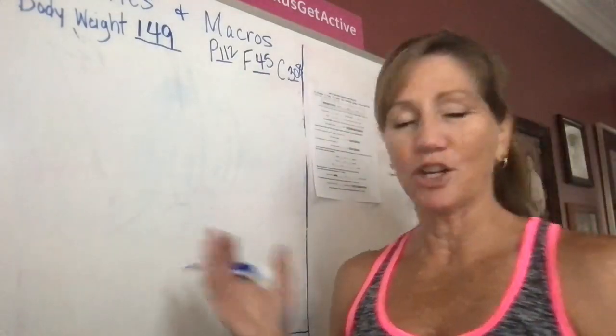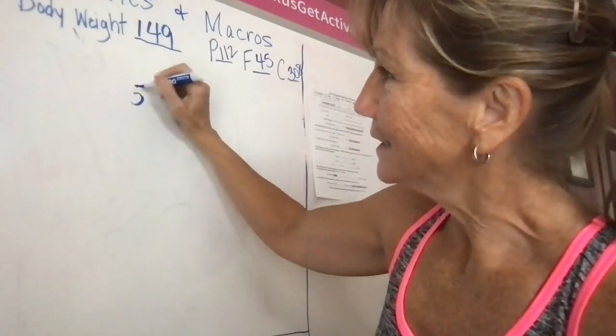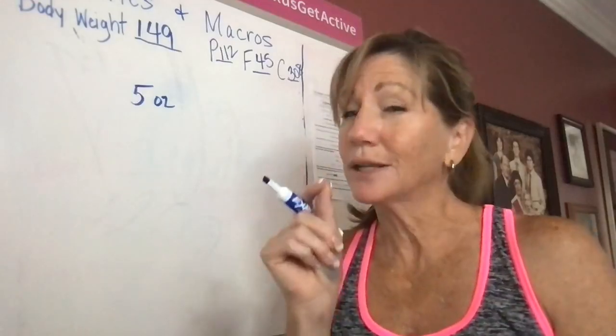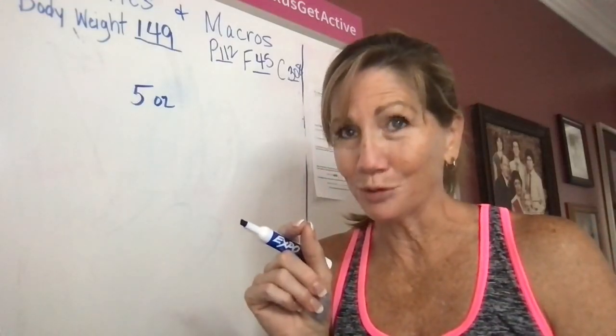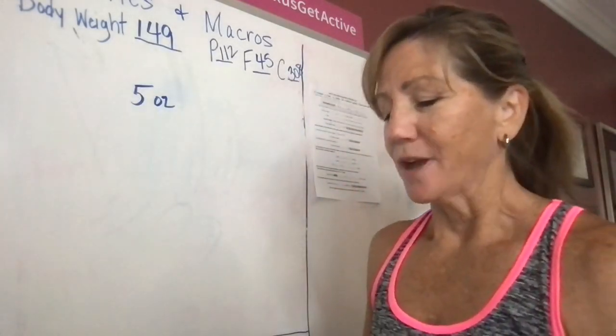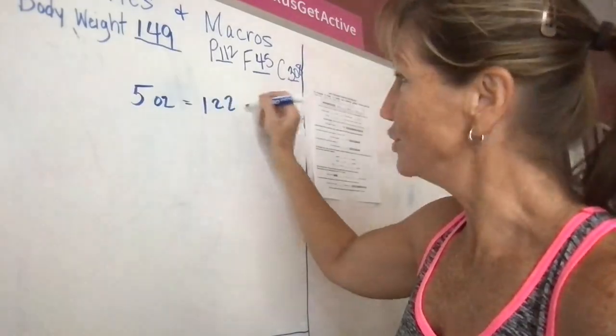I'm going to go with wine. A serving size is 5 ounces. That's just over half a cup. So not the whole bottle, but one serving size is equal to about 122 calories.